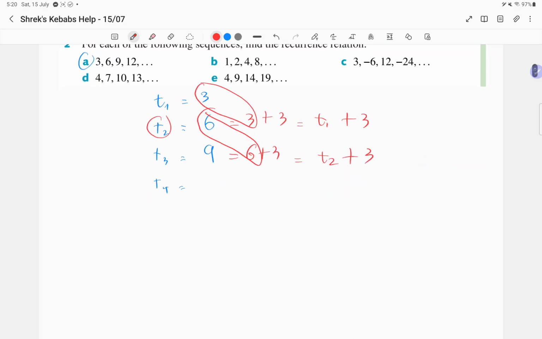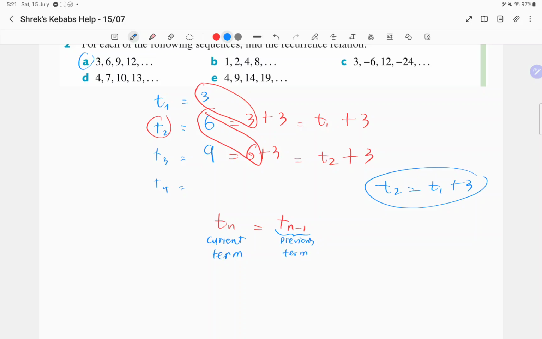That means the current term, Tn, is equal to the previous term, Tn minus 1. Tn minus 1 just means the number before this. It's like T2 is equal to T1 plus 3. So this is basically saying the previous term added by 3, okay?